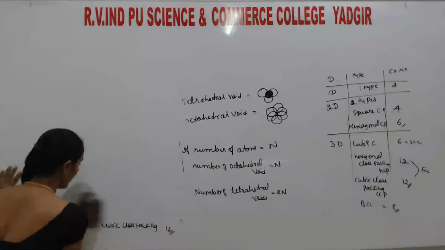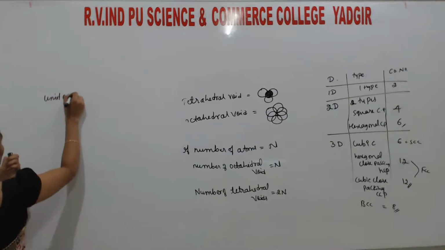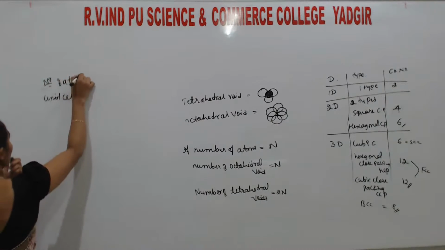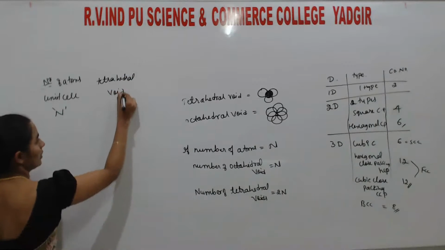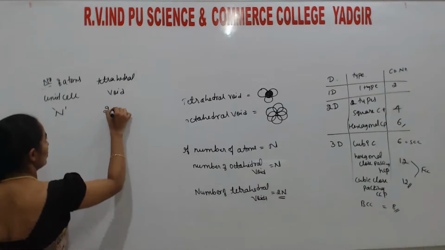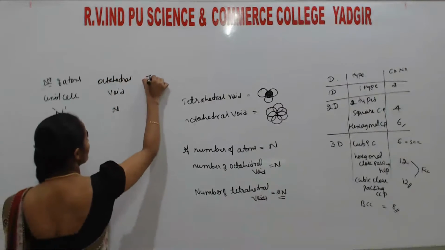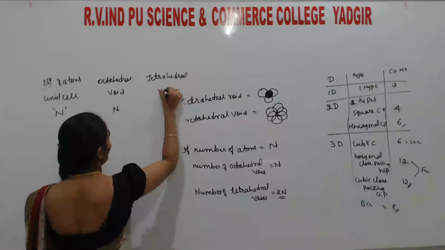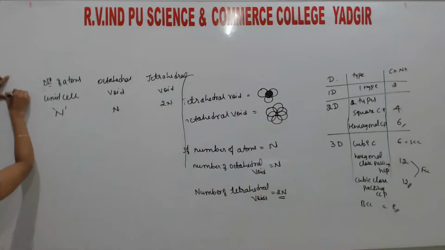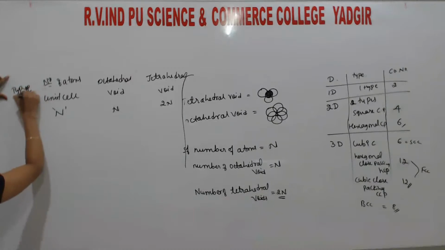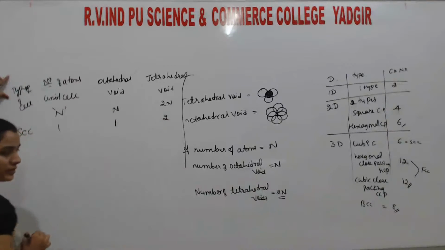Listen. This is the unit cell, the number of atoms per unit cell, that is n. Octahedral voids equal n, and tetrahedral voids equal 2n. In SCC, the number of atoms is 1, octahedral is 1, tetrahedral voids 2.